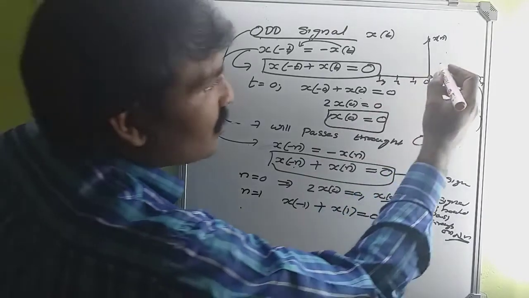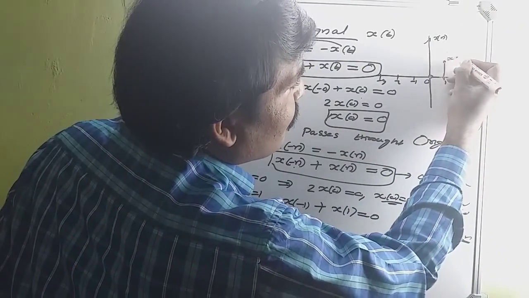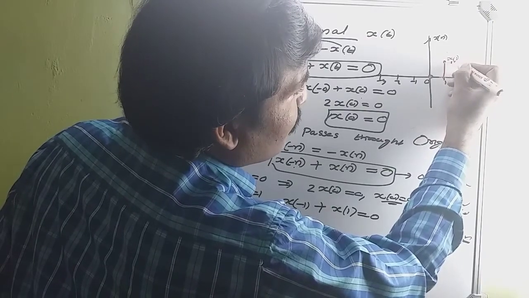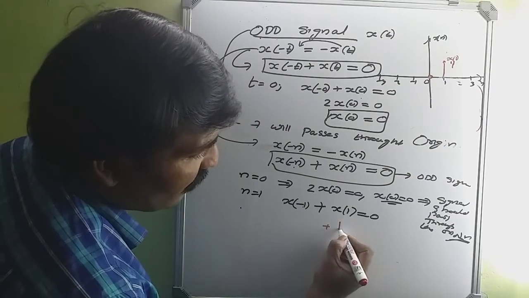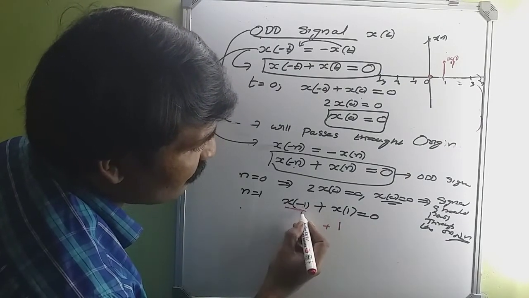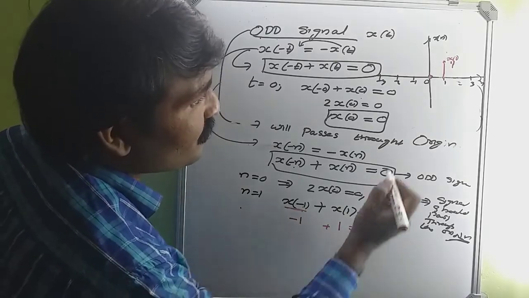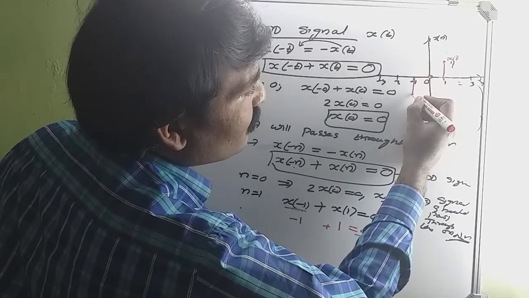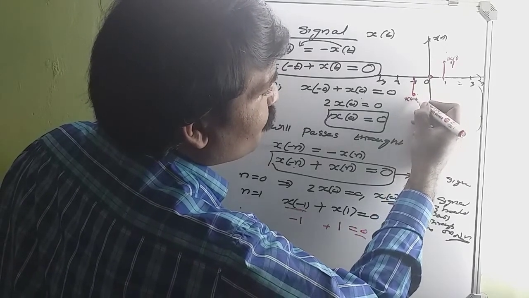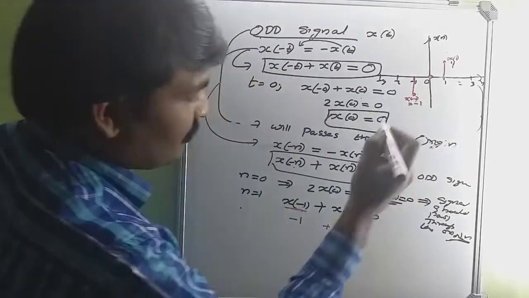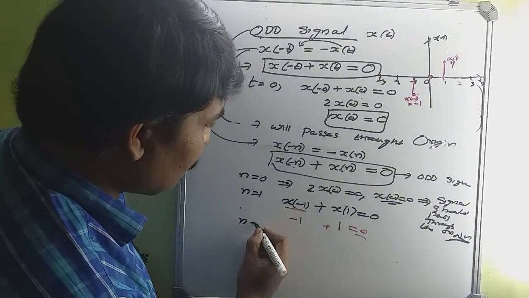Suppose this is x of 1, let it be equal to 1. So x of 1 is plus 1. So x of minus 1 should be minus 1. Then only the sum is equal to 0. So x of minus 1 will come like this. This is x of minus 1, that is equal to minus 1. Now n is equal to 2.